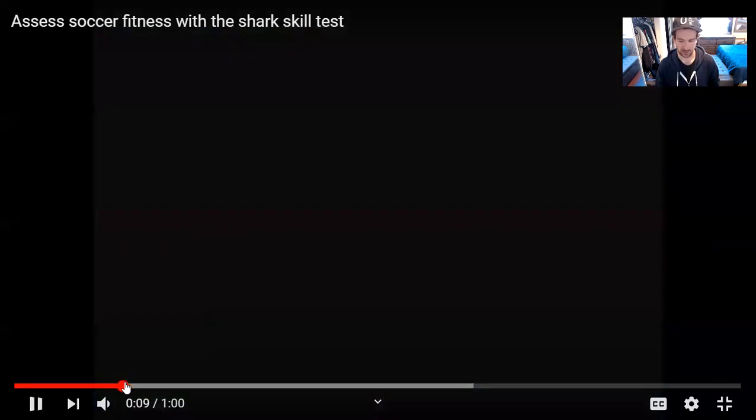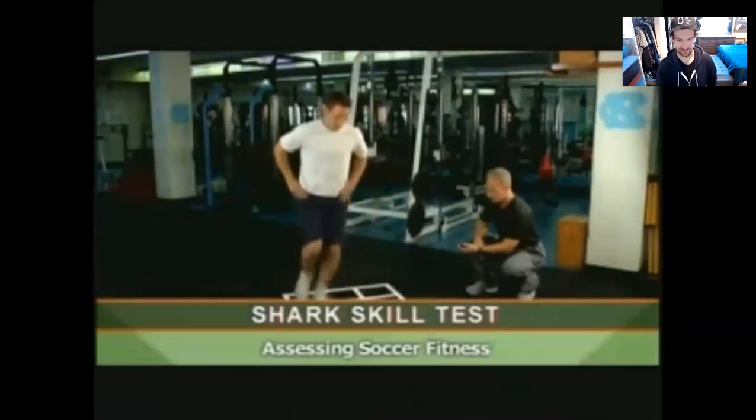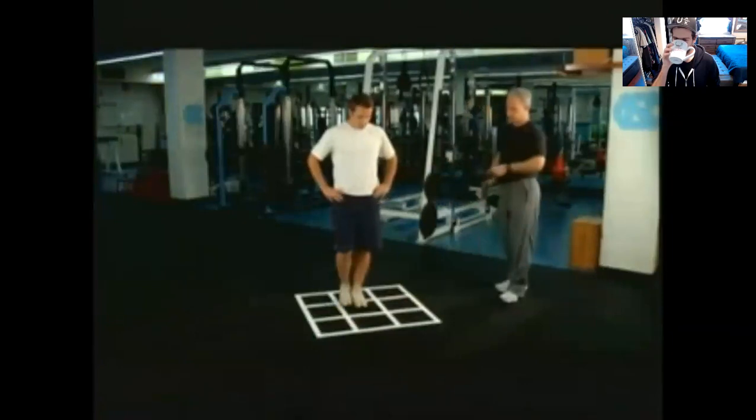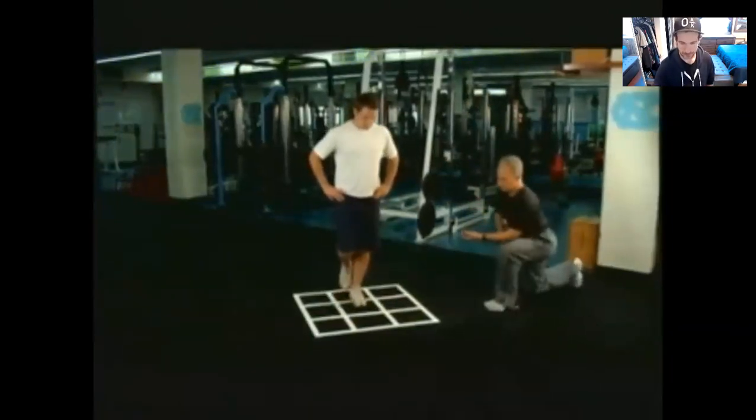Wow, that guy is very good at this. That's pretty darn good. Square grid as shown, and assume a ready position in the center square with your hands on your hips.